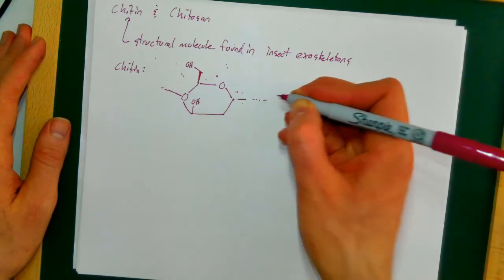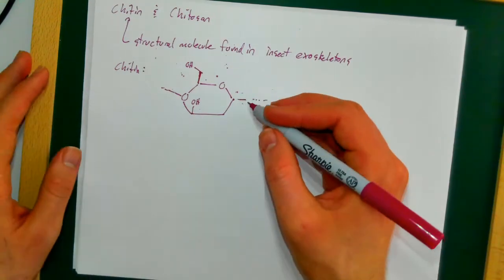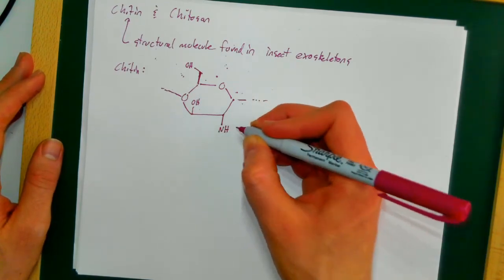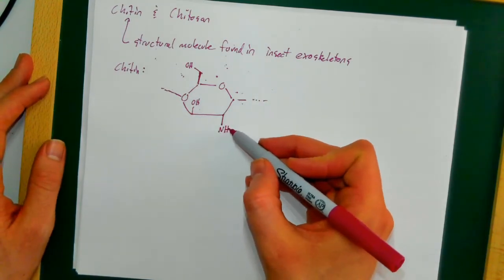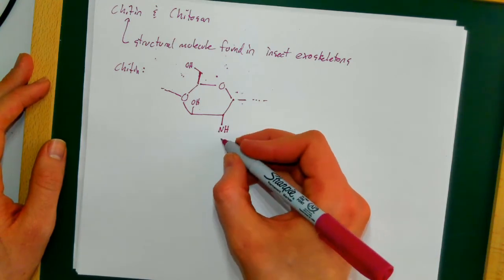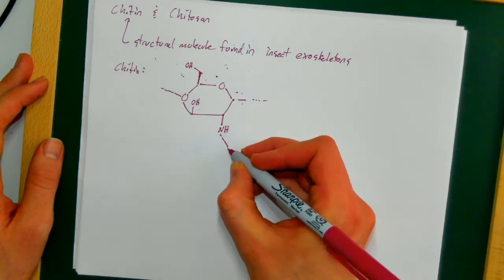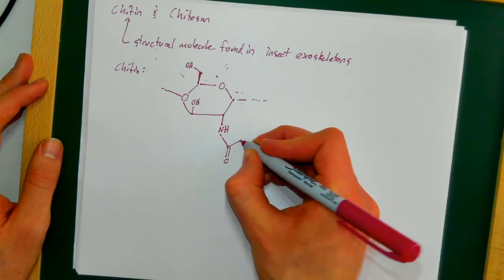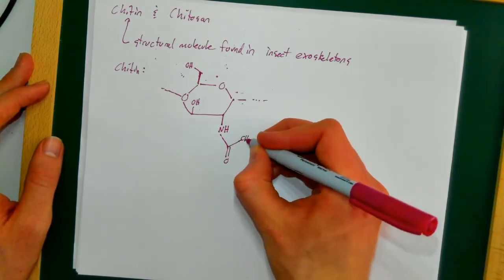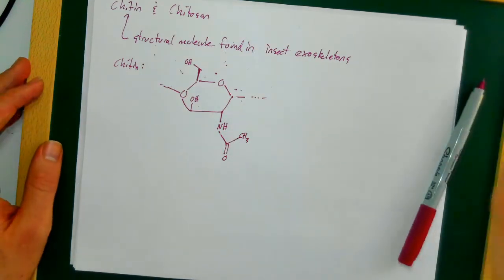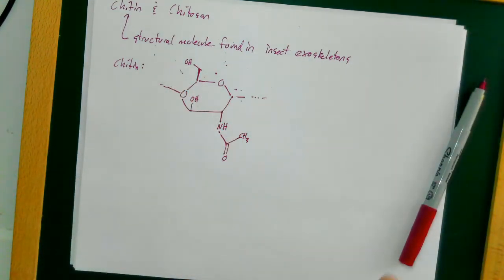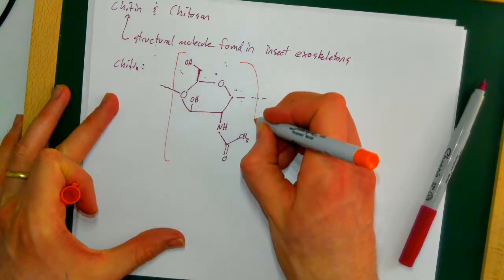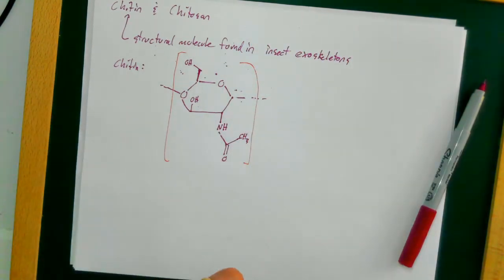This goes off to the next one. But down here, there's this NH. N being a nitrogen, there's an H sticking off of the nitrogen, and sticking off this nitrogen is this kind of wacky thing right here, with sort of a CH3. So chitin is basically this thing right here, repeating over and over and over again.